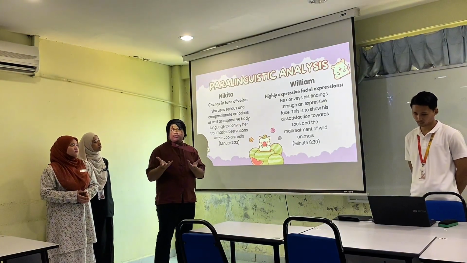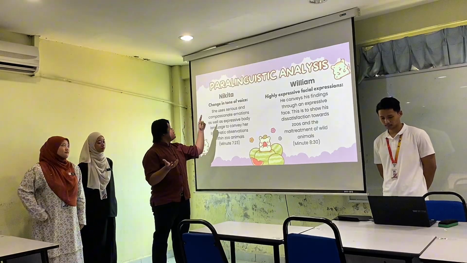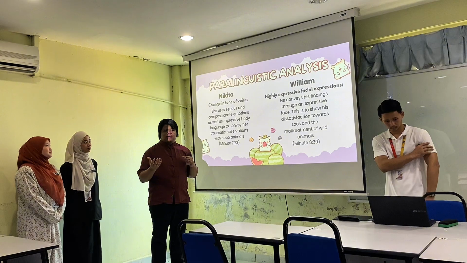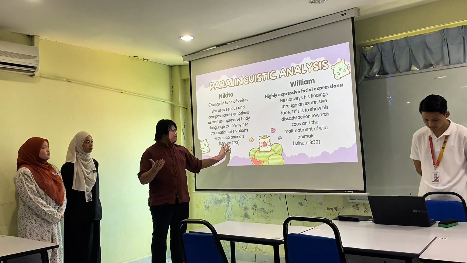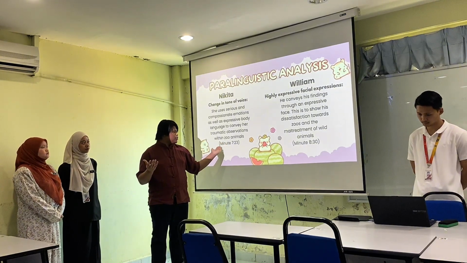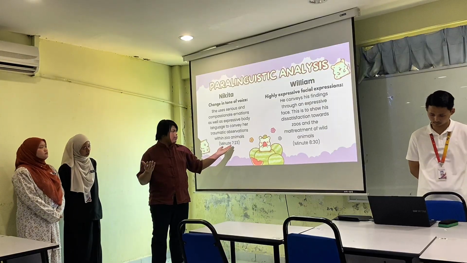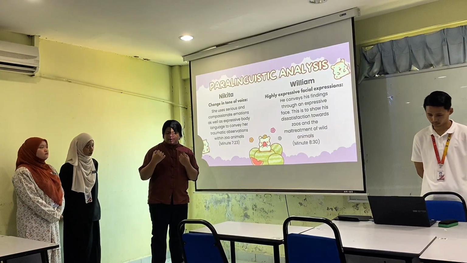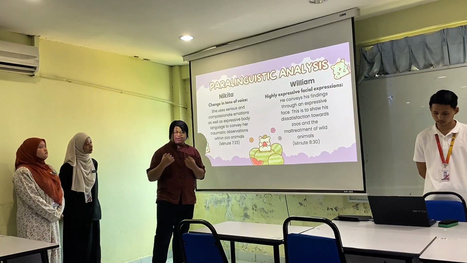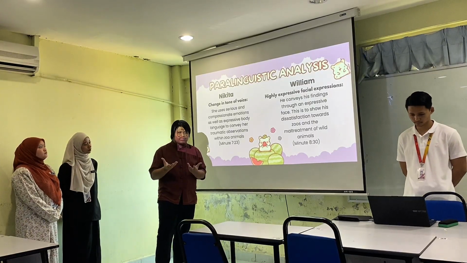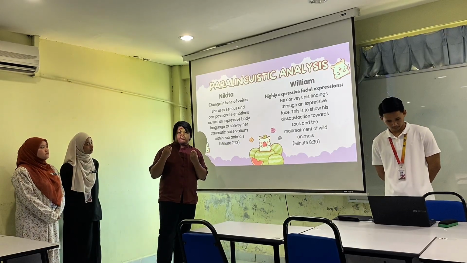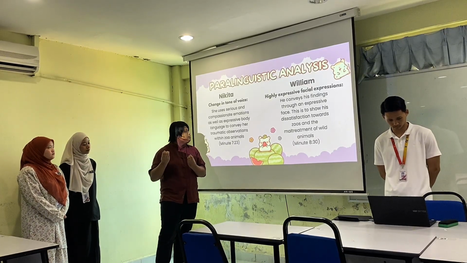Now, let's look at the paralinguistic analysis. Let's start with Nikita. Nikita changes her tone of voice from the initial minute 723. We can clearly see that she is calm at first, but as time goes on, she tries to provoke us, not negatively, but in terms of supporting her ideas more and more.